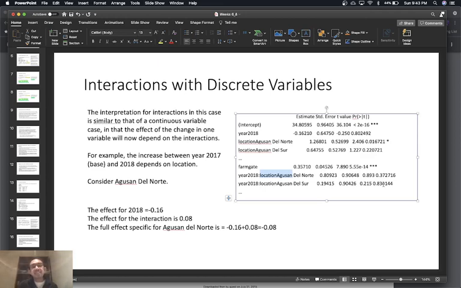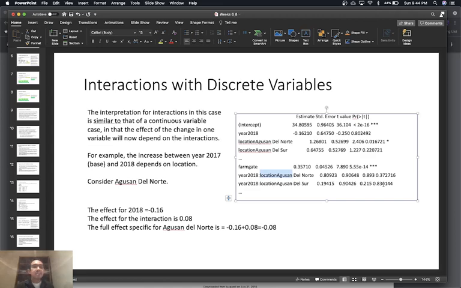However, that doesn't necessarily mean we know what the full effect is. For, say, Agusan del Norte, you should just ignore it. What this just means is that statistically, there is no difference between Abra and Agusan del Norte in the difference in the comparison of 2017 and 2018.